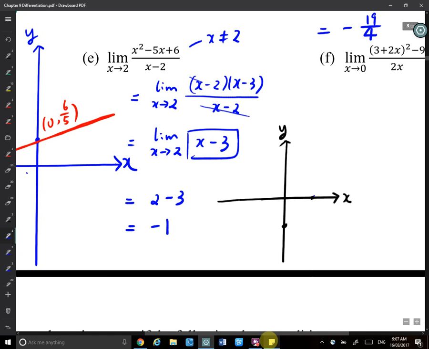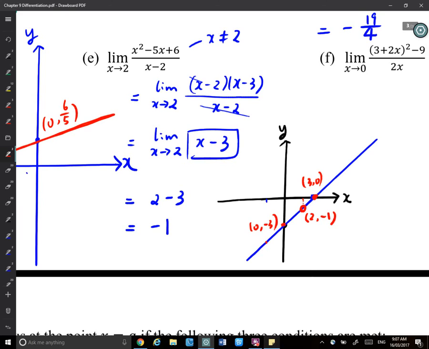You will have this, but at x equals 2, you will have a point here. 2 is here, so you have an open circle here. That open circle is 2, negative 1. You have a closed circle here, that is 3, 0, and that's 0, negative 3. But that point is the open circle. However, the limit still exists, it is negative 1.